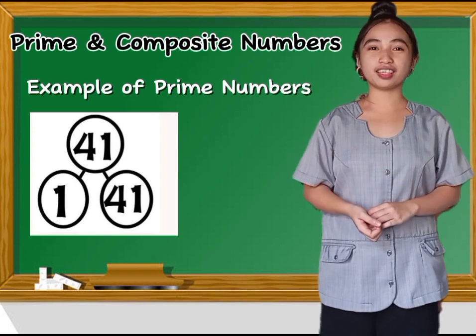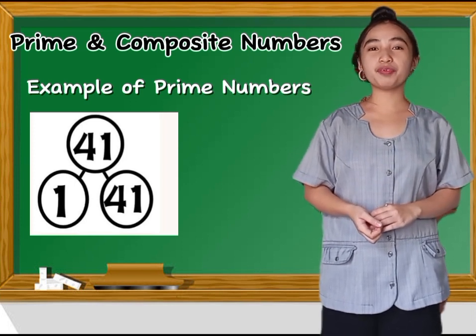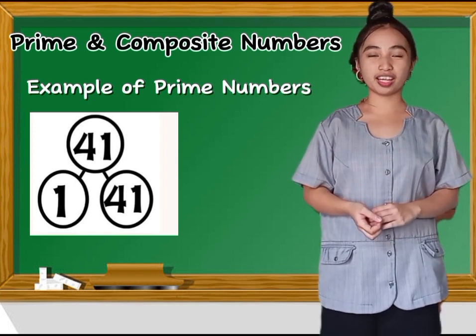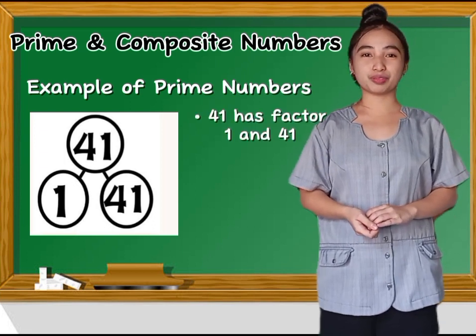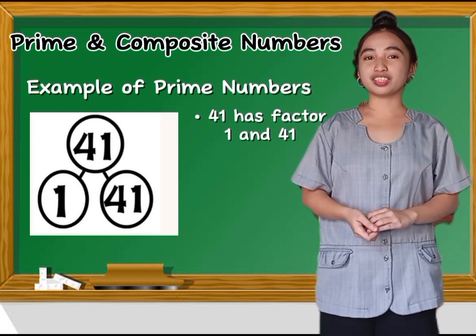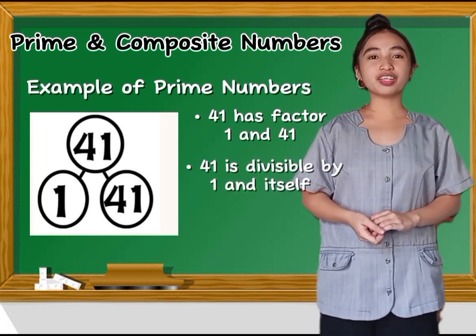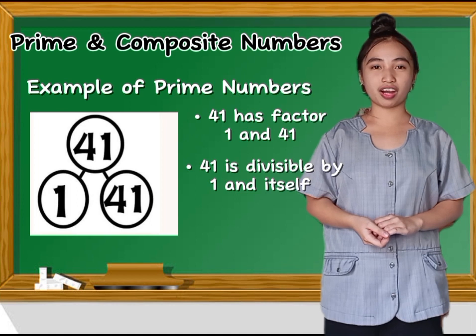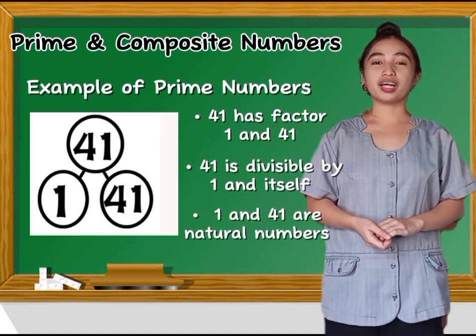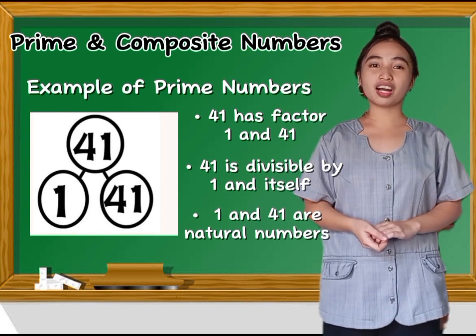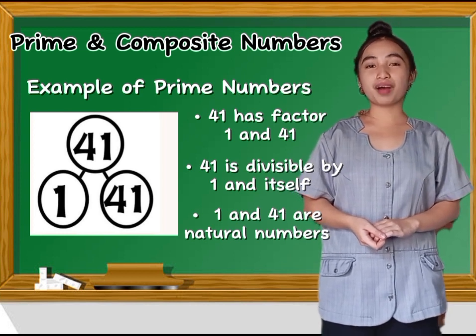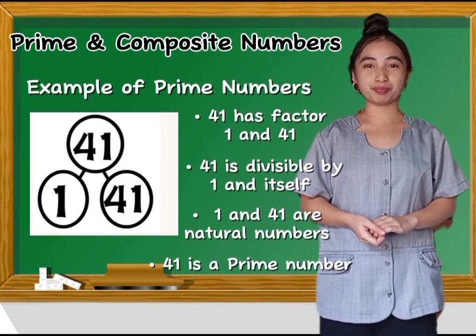Another example is 41. 41 has only factors of 1 and 41, because when you multiply 1 by 41, the answer is 41. So 41 is divisible by 1 and itself. 1 and 41 are also natural numbers or counting numbers. That's why 41 is a prime number.